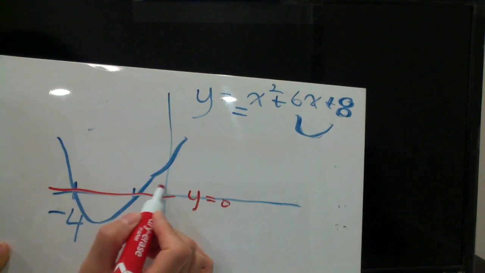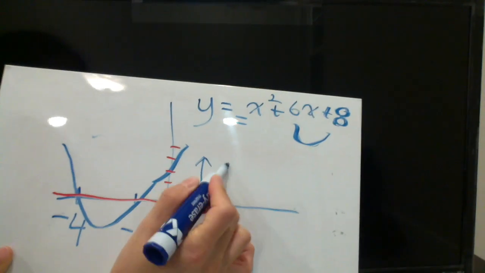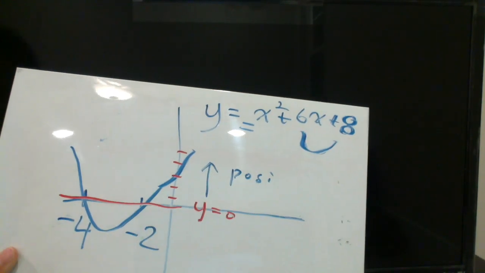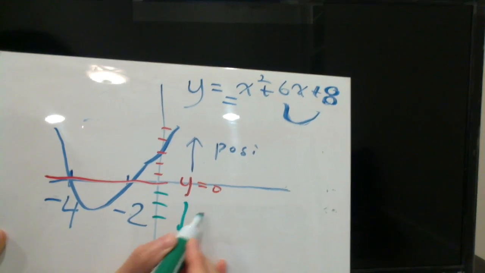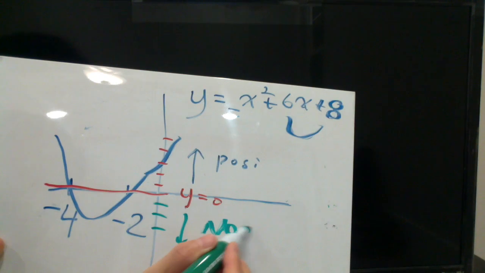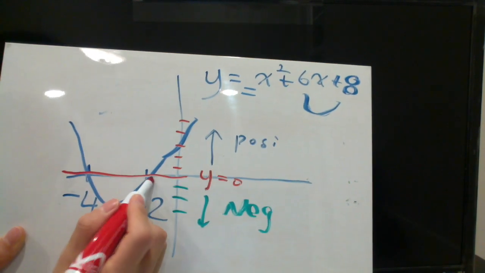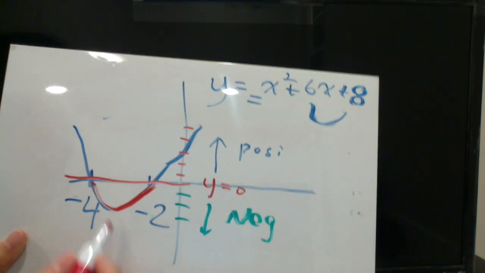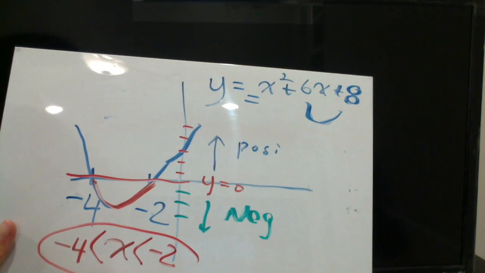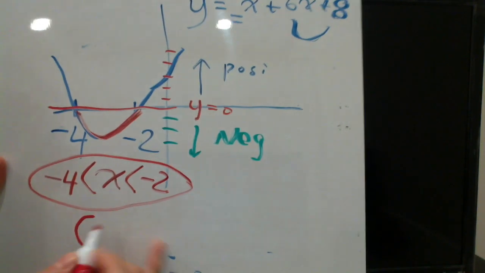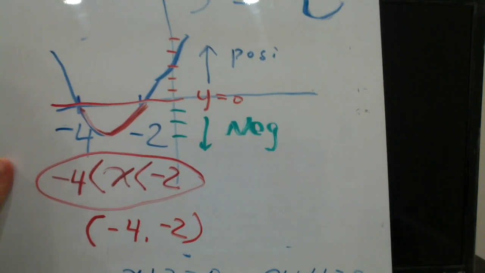If you go up 1, 2, 3, 4, 5, up here is positive, right? And if you're going down, -1, -2, -3, this side is negative. So we are looking for the part of here. So x is between this. Or you can say -4, -2. Okay? So this is the answer.